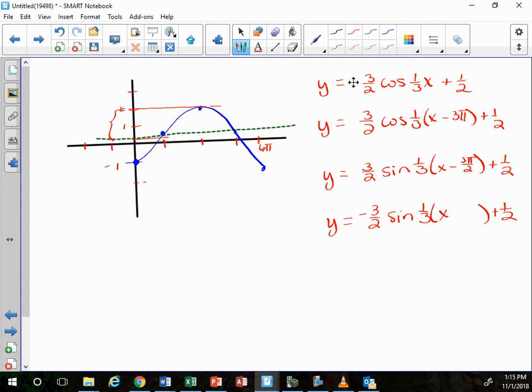You could have gone to the left by 3 pi over 2, or you could have gone to the right by, what, 9 pi over 2? Take a minute to digest those.